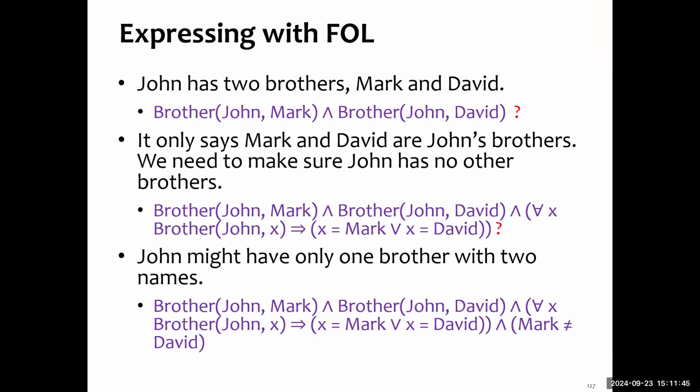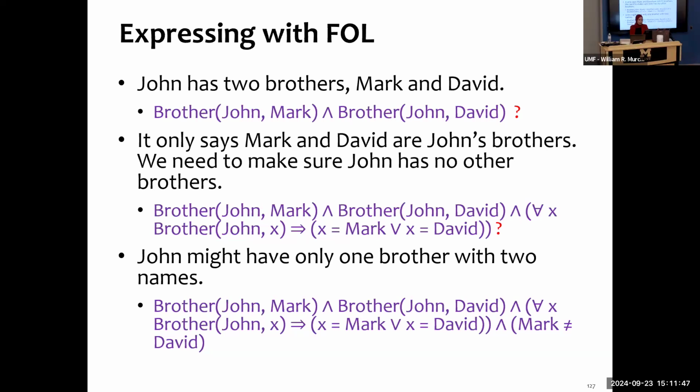It only says Mark and David are John's brothers. We need to make sure John has no other brothers. What we mentioned at the start was said, but we need additional information that there are no more brothers.